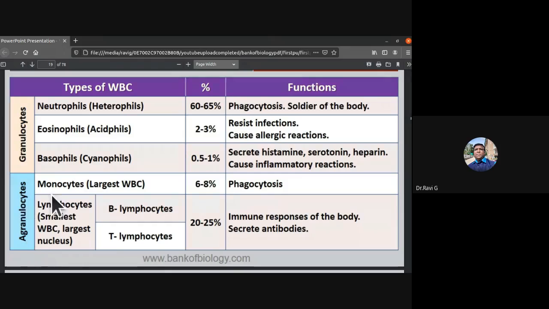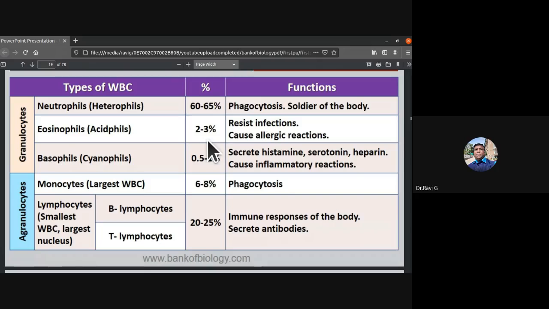Granulocytes, monocytes, and lymphocytes. Granulocytes are neutrophils, eosinophils, basophils. Remember the percentage. Neutrophils are first in percentage. Second is lymphocytes. Third in percentage distribution is monocytes. Fourth is eosinophils. Last, the very least distribution, is basophils.